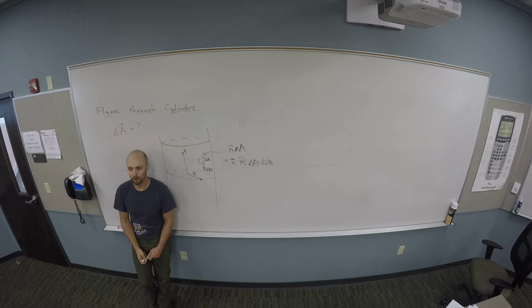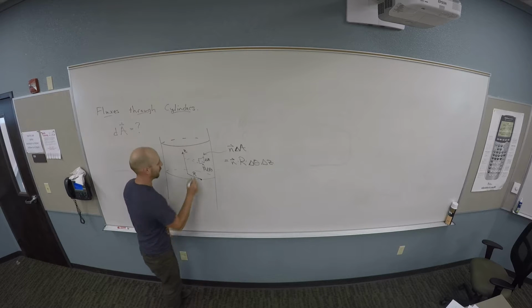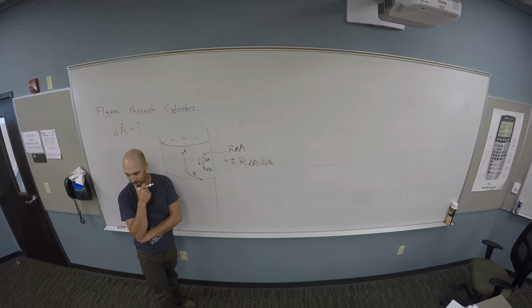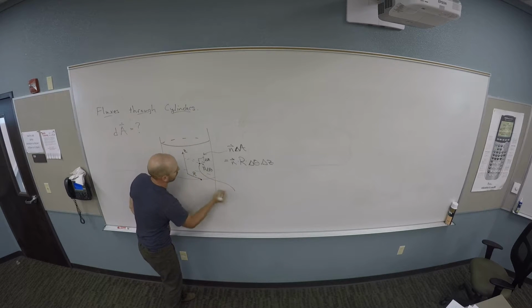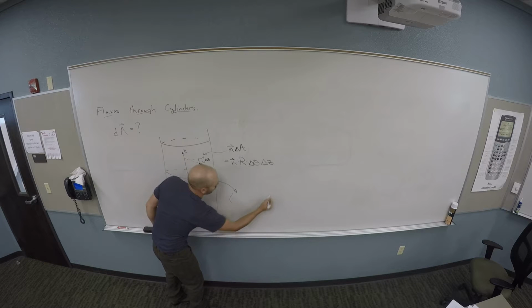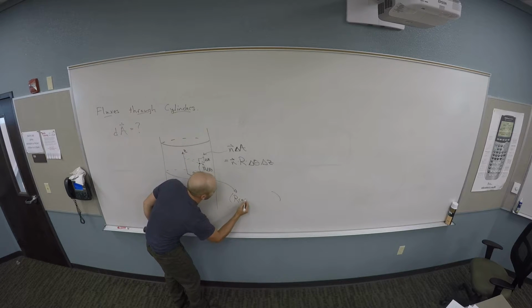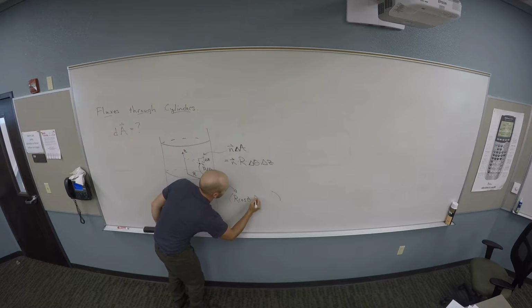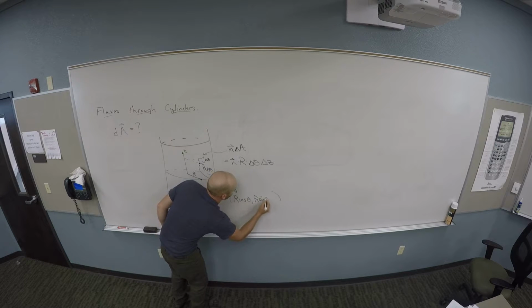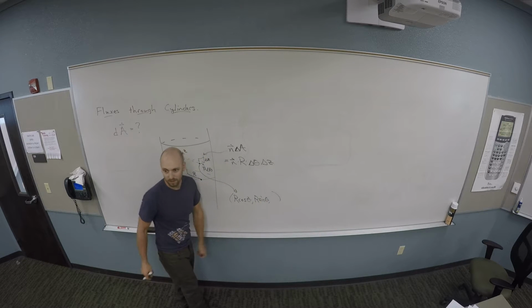Okay, now how about the normal vector there? If this is a point, let me see. What's a point on this thing going to look like? r cosine theta, r sine theta, comma z.